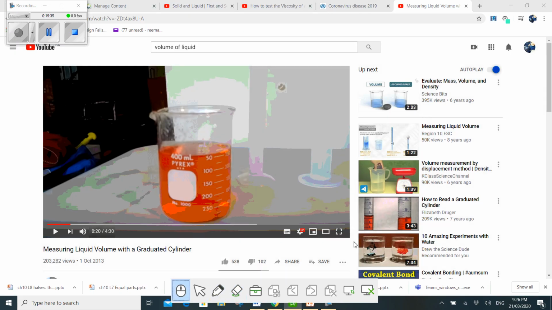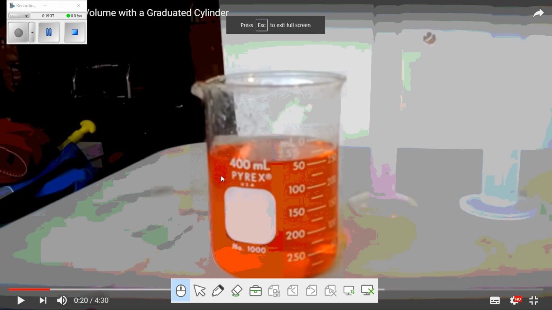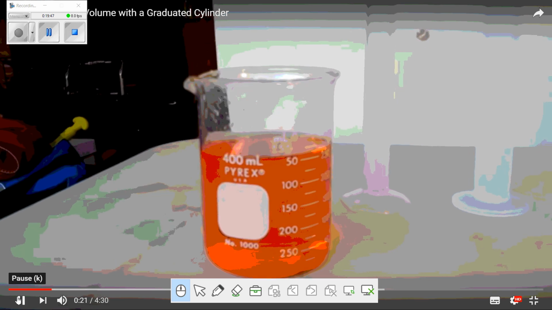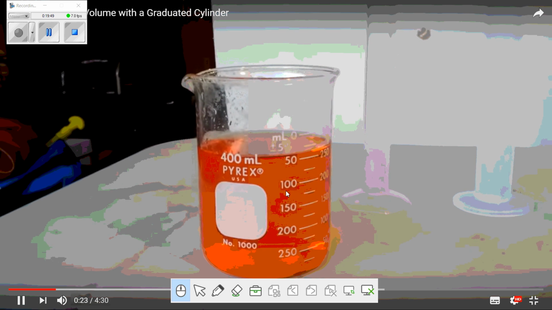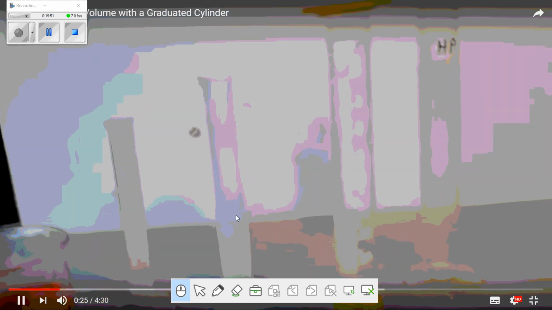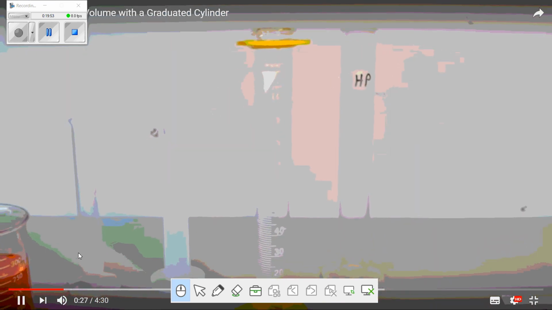We have a measuring cup and the amount of colored water, 400 milliliter. Okay? So I wanted to find the volume of some of the liquid.